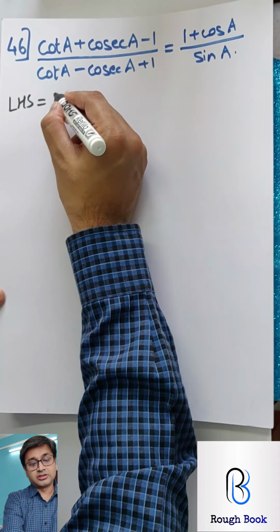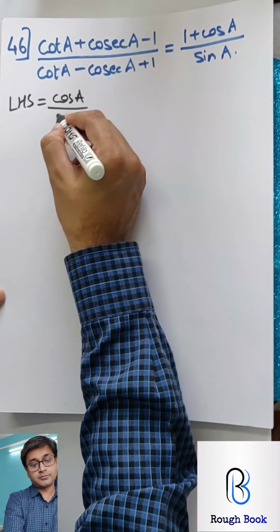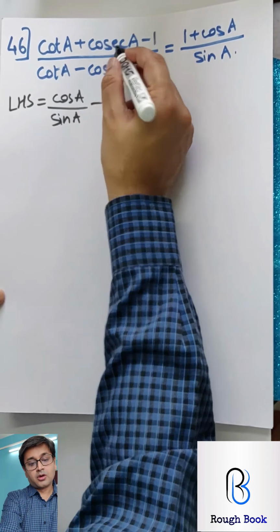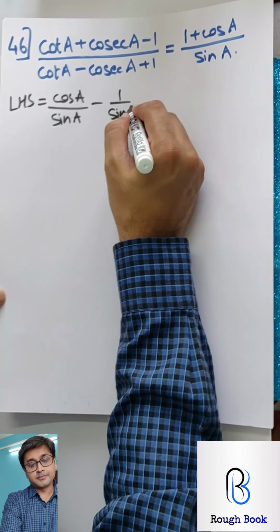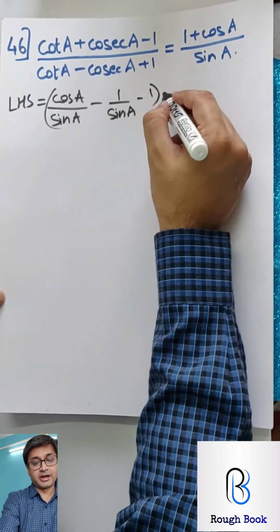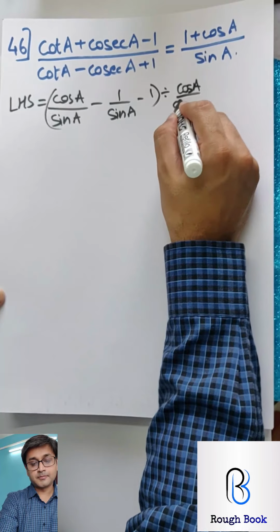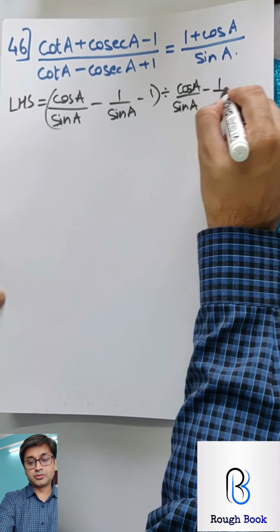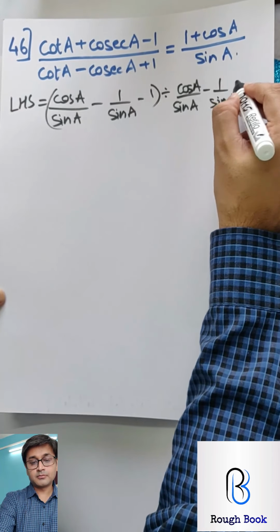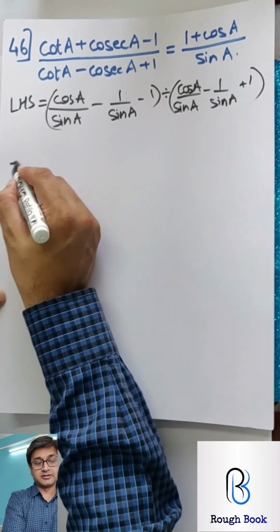So cot is cos upon sine. Cosec is 1 upon sine, minus 1, in 1 bracket. Whole thing divided by, again, cos upon sine minus 1 upon sine, plus 1, in brackets.